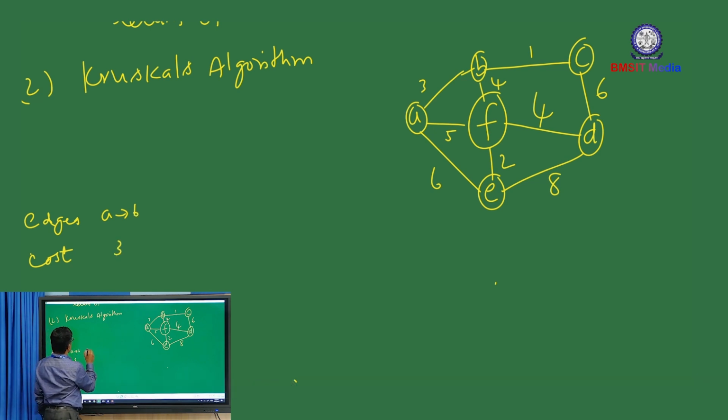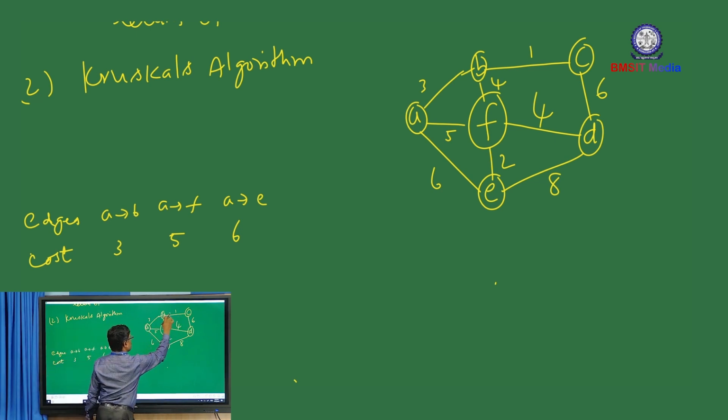Next is A to F, which is 5. Next is A to E, 6. Similarly, write B to C, which is 1, and next B to F, which is 4.